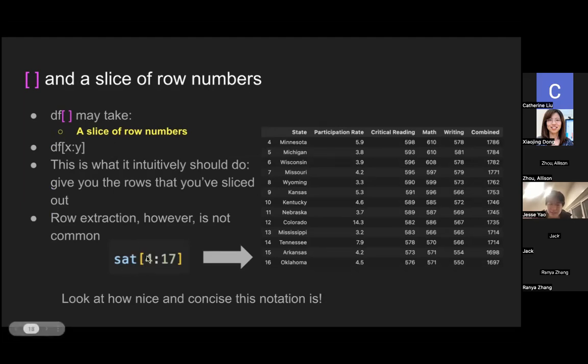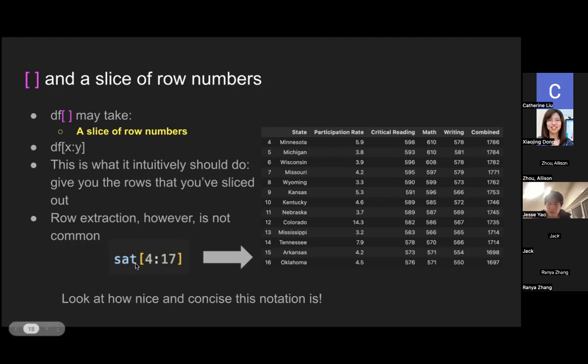In this case, if I want rows 4 through 16, I can just put the table, then these shorthand brackets, then 4 slice 17. Notice this also does not include the last element, unlike loc. So in our SAT example, if I do SAT[4:17], I'll get rows 4 through 16. Notice this is a lot more compact, a lot prettier, a lot more concise.